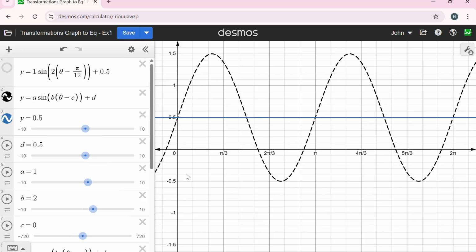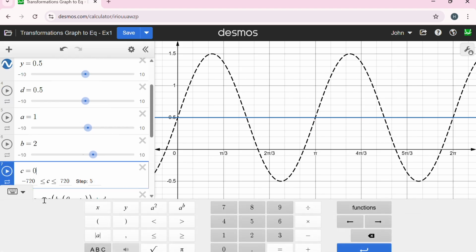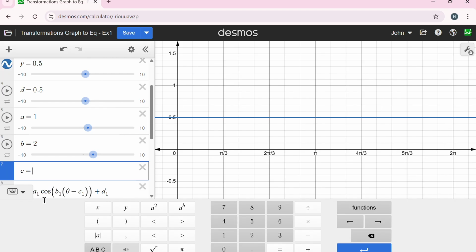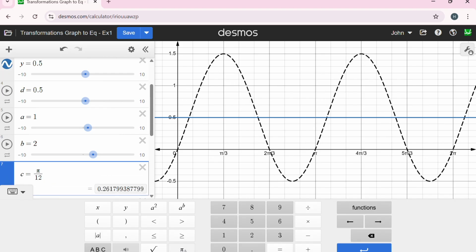That's my sinusoidal axis. Good. All right, and then by looking at the graph, we said the C value is a horizontal phase shift of pi over 12 units to the right. So C equals positive pi over 12. Let's write it this way: C equals pi divided by 12. Let me just throw it in exactly right there. Okay, so that's that.